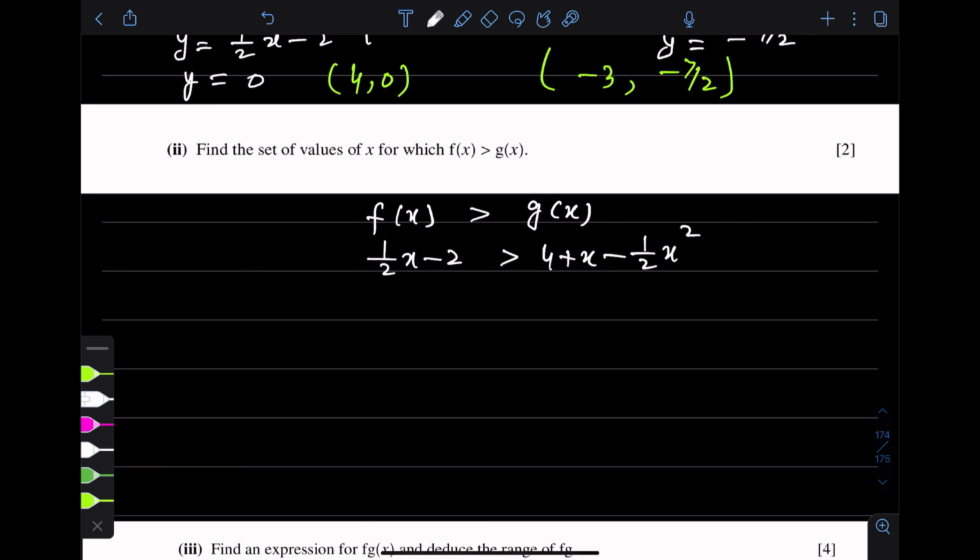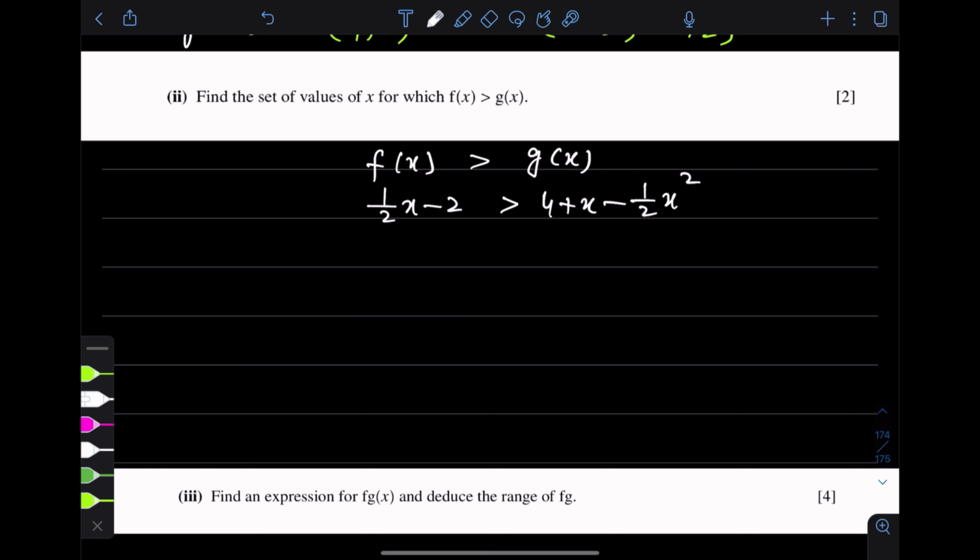Rearranging it in decreasing order, this becomes 1 over 2x square minus x over 2 minus 6 is greater than 0.